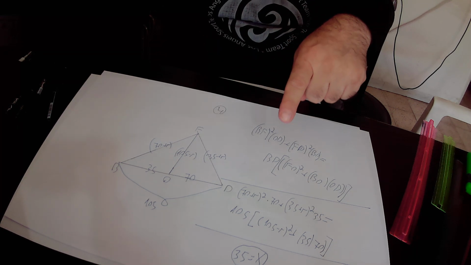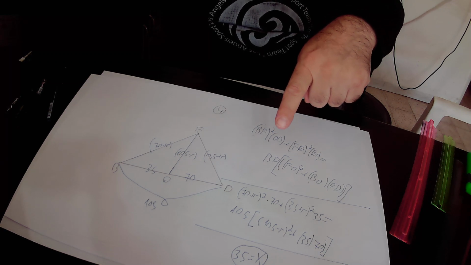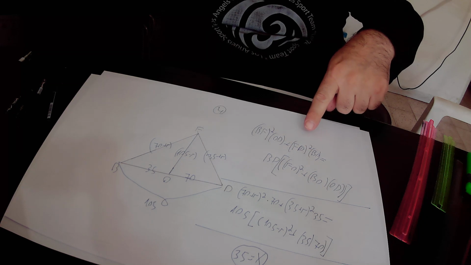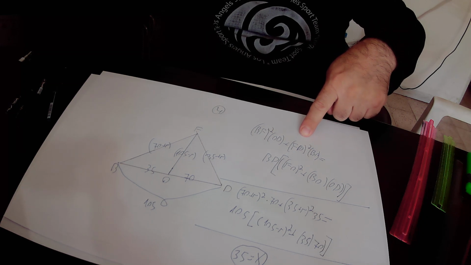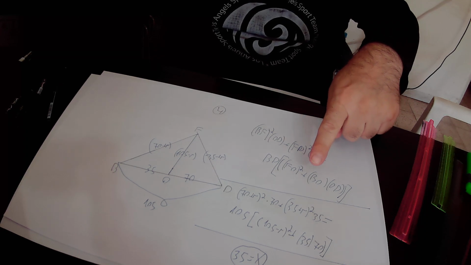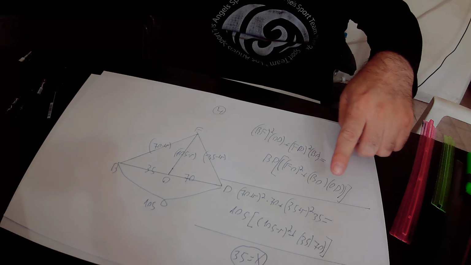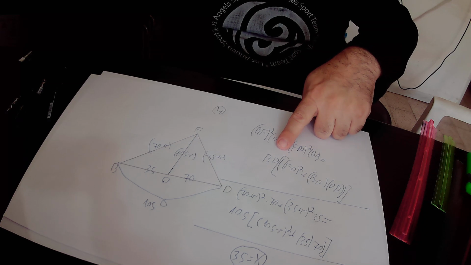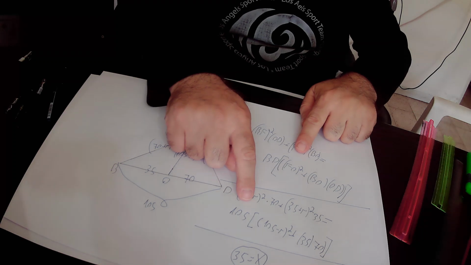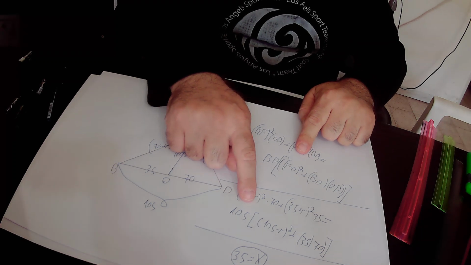BF equals 70 plus r, therefore BF squared is (70 plus r) squared. OD is 70, FD is 35 plus r, and it must be equal to BD, which is 105 units. Inside the brackets we have FO squared.